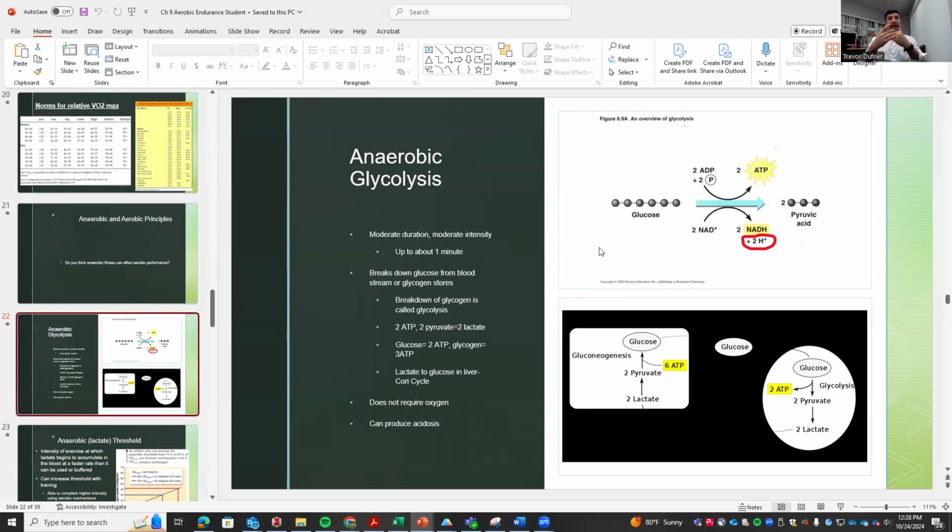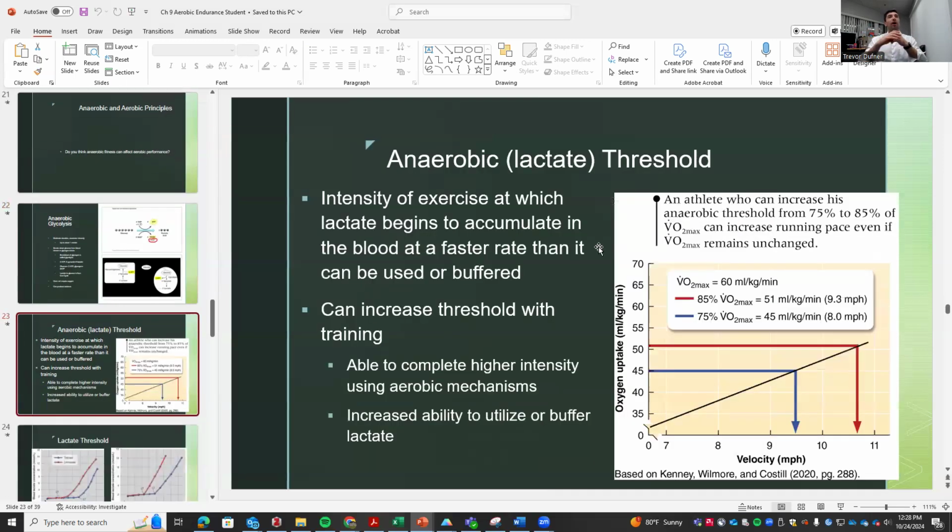That buildup of acidosis comes into the idea of the lactate threshold. Remember, it's called the lactate threshold because lactate accumulates in a relatively consistent manner with acidosis, and the only reason we call it that is because that's what we measured first. But remember, lactate is not the issue here. Like I talked about before the exam, a fair amount of you are still going to think lactate is the issue.